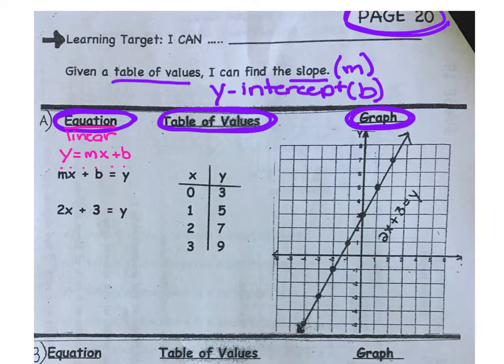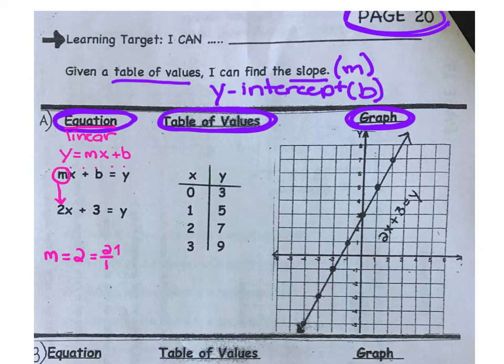We know that slope is represented by the coefficient that sits in front of the x. It's your m value. And in this case, the slope is 2. We can write m equals 2. But we can also take that slope and write it as a ratio, 2/1.